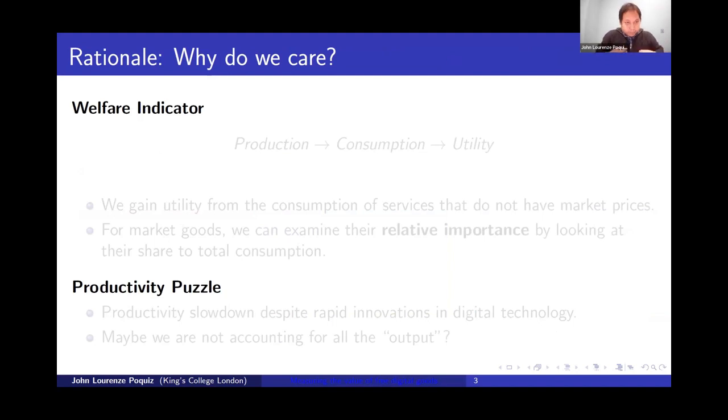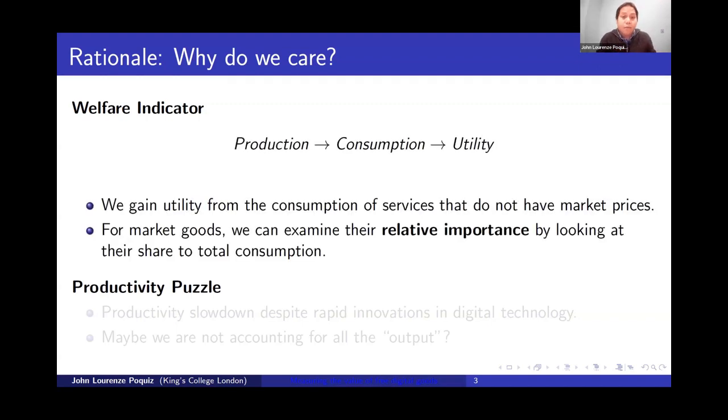services. Now, there are generally two motivations for valuing free digital services or free digital goods. First, we want to construct some sort of welfare indicator where we can assess how much welfare or how much value households receive from the free digital products. Another motivation would be the productivity puzzle.